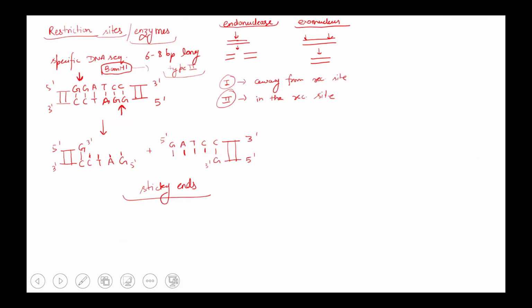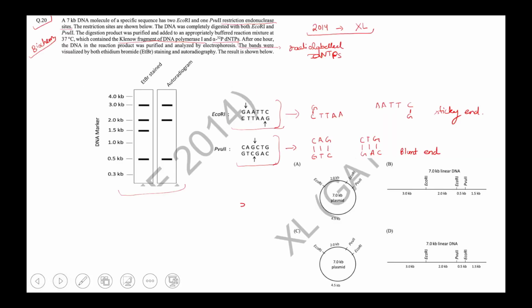Okay, so in our question, this DNA molecule is subjected to digestion. Okay, so a 7 kb DNA molecule, and after the digestion, after the Klenow fragment and the dNTPs are provided, what will happen? EcoRV and PvuII ends will be produced.